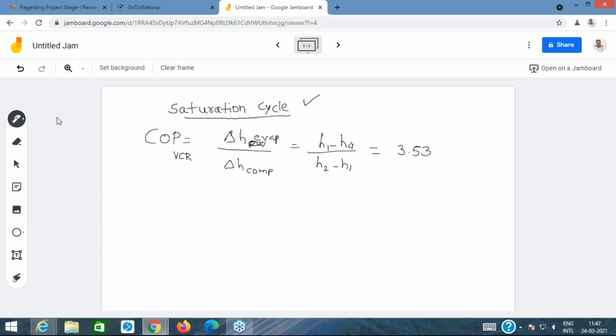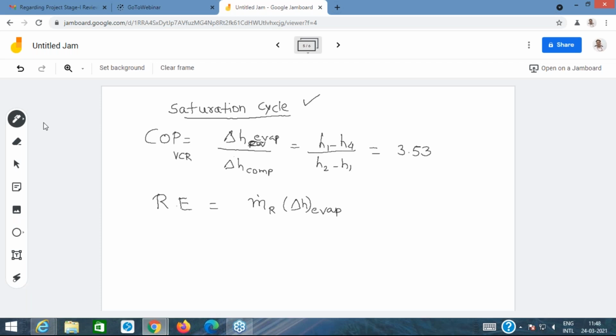We are also interested in knowing the capacity, the refrigerating effect. For that, we need to multiply the mass flow rate of the refrigerant with the enthalpy difference across the evaporator, because that is the refrigerating effect. Mass flow rate of the refrigerant into the enthalpy difference across the evaporator would give us the refrigerating effect.